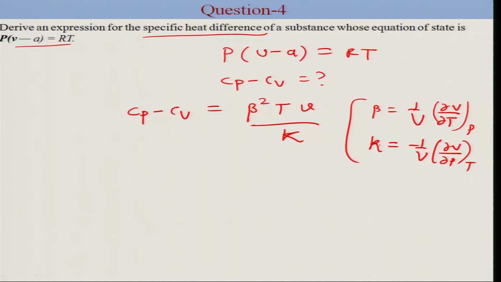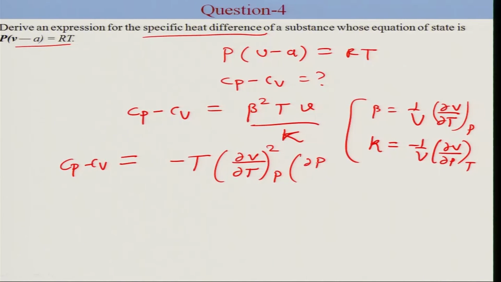So, if we insert it here, we get Cp minus Cv equal to minus T times (del V upon del T at constant pressure) square, then del P upon del V at constant T. Since the equation of state is given, we need to find del V by del T and del P by del V from this equation of state.